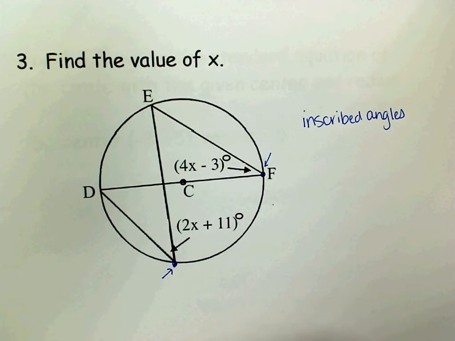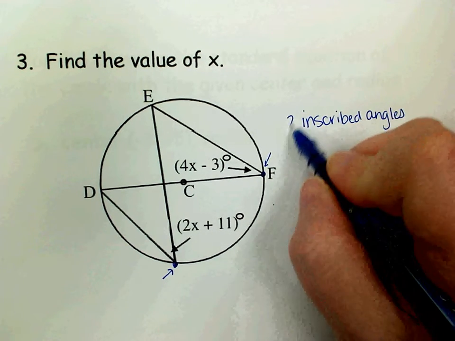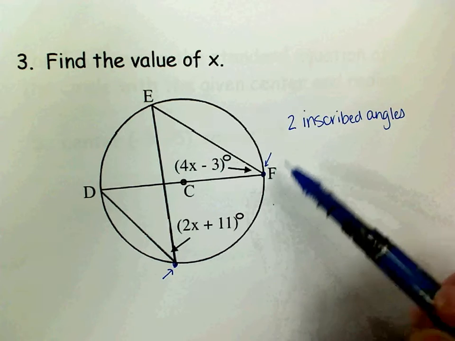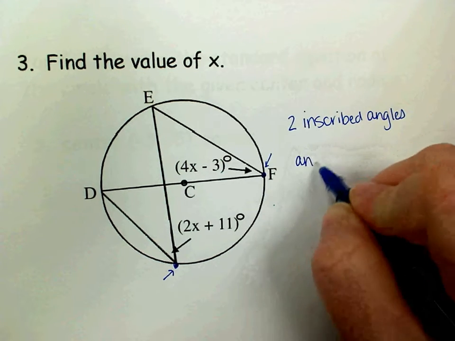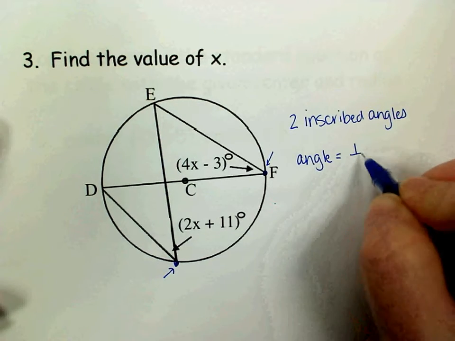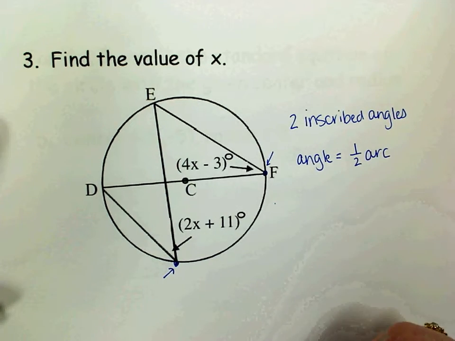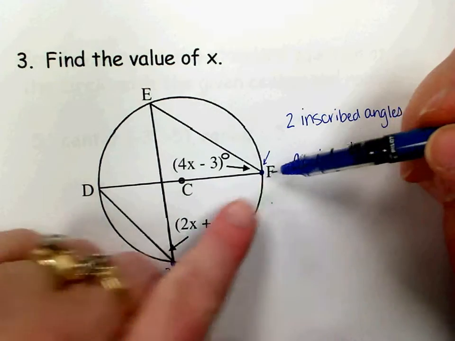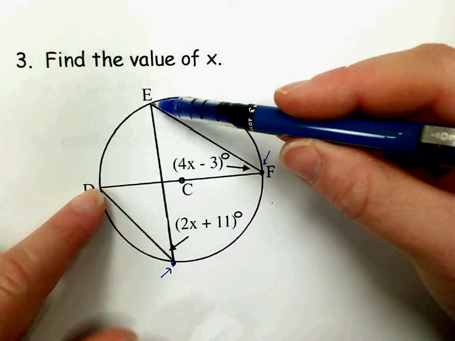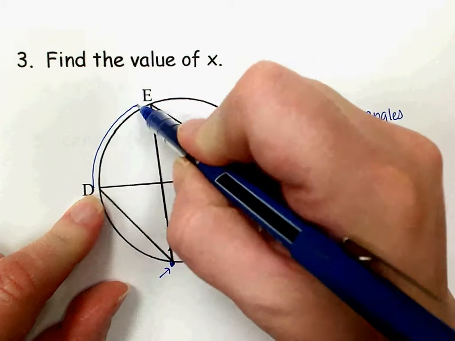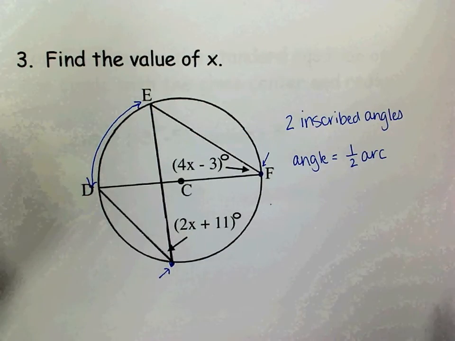So we have two inscribed angles, and we need to remember that any time the vertex of your angle is on the circle, the angle is equal to 1/2 of the intercepted arc. The arc for angle F, if we follow the sides of the angle to points D and E, is this arc right here as the one that's intercepted.